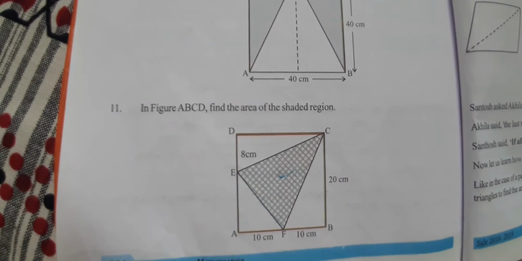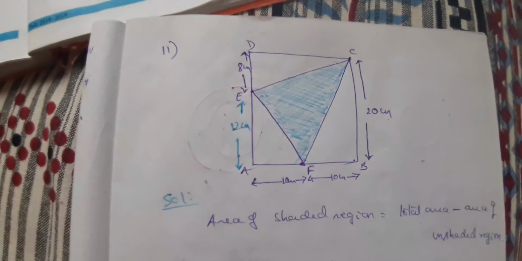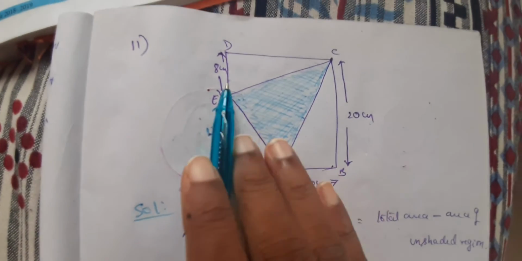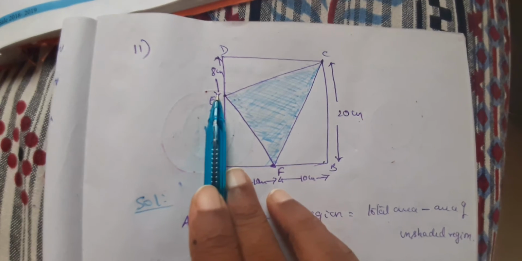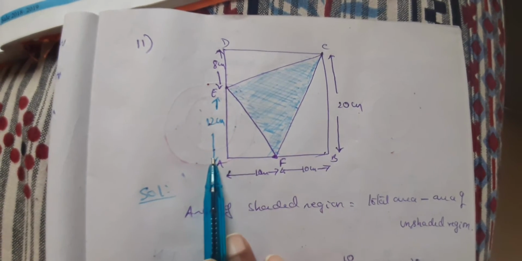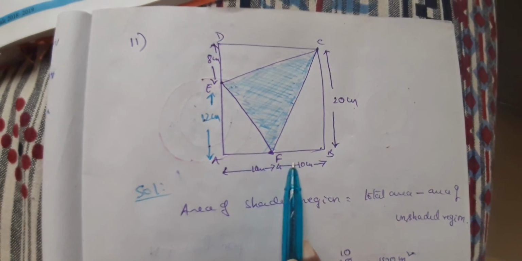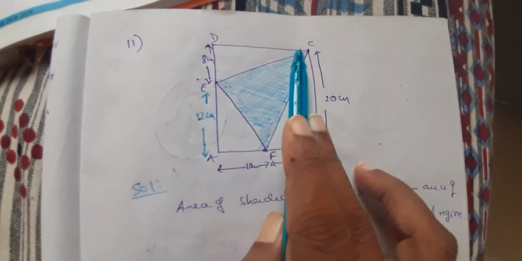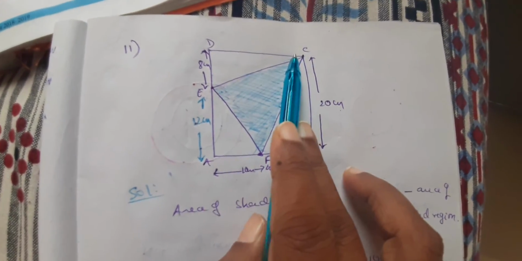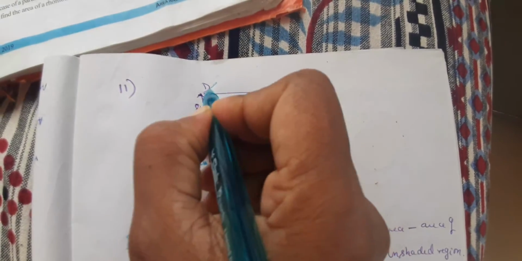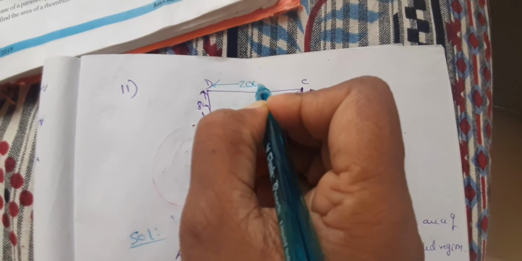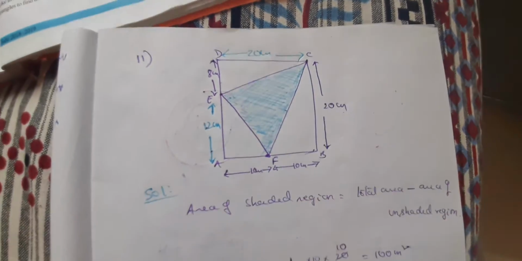area. Okay children, so let's see how to solve. This is how the diagram is given for you. If this is 8 centimeter, obviously this is 12 centimeter. Now this is 10 and 10 and this is 20, and this is of course a square, therefore this is also 20. So if you want, you can also directly mention it here, 20 centimeters.